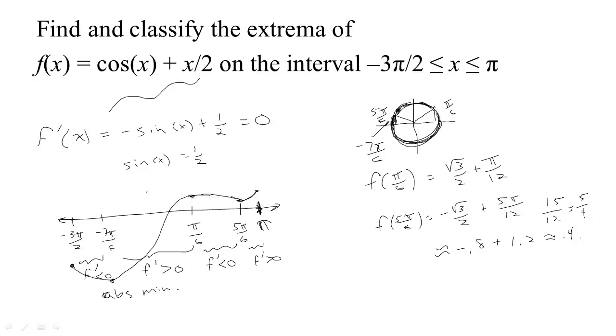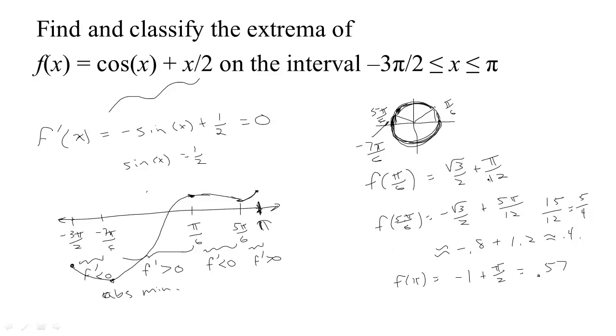Actually, this value I think is higher than that one. When we find f of pi, cosine of pi was negative 1 plus pi over 2. So pi is about 3, so this is about 1.5. Take away 1, we get about 0.5 there for f of pi, and f of pi 6 was root 3 over 2.